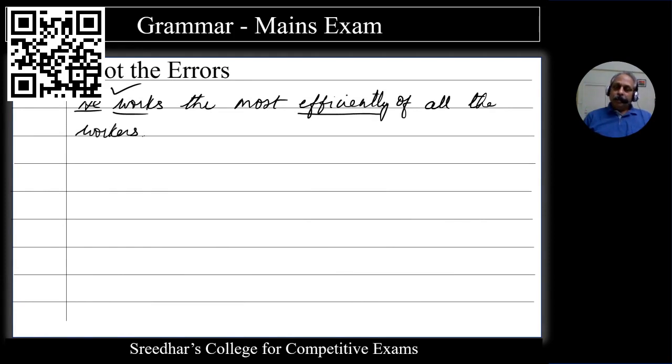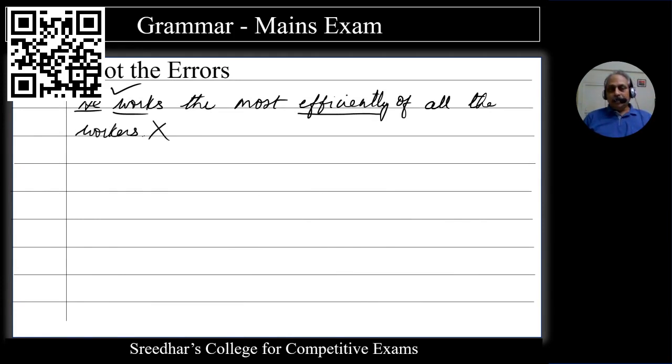Already you must have learned, whenever we use the superlative form, we have to use a definite article, the. Based on that, you may think this sentence is right, but this sentence is wrong. We should use a definite article the with the superlative form of an adjective. He is the most intelligent student in the class.